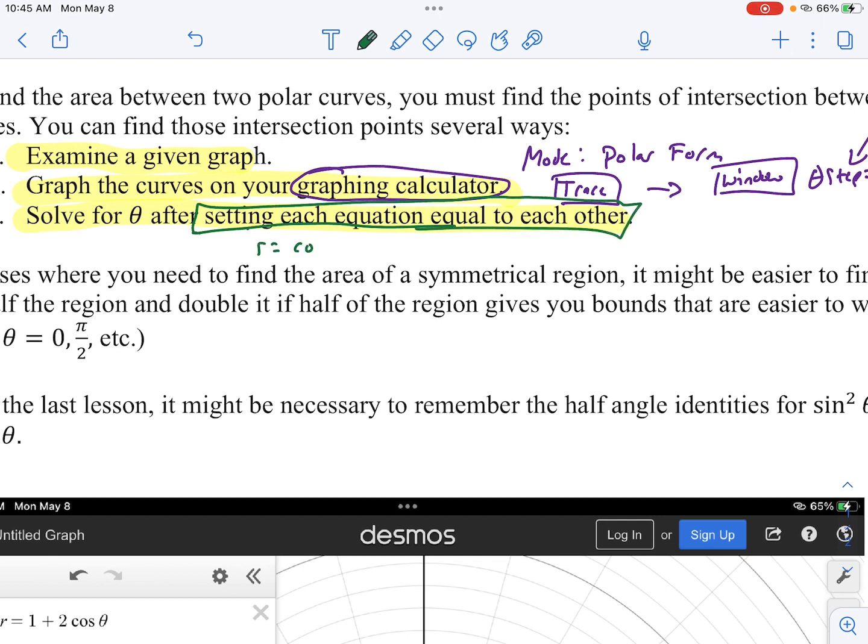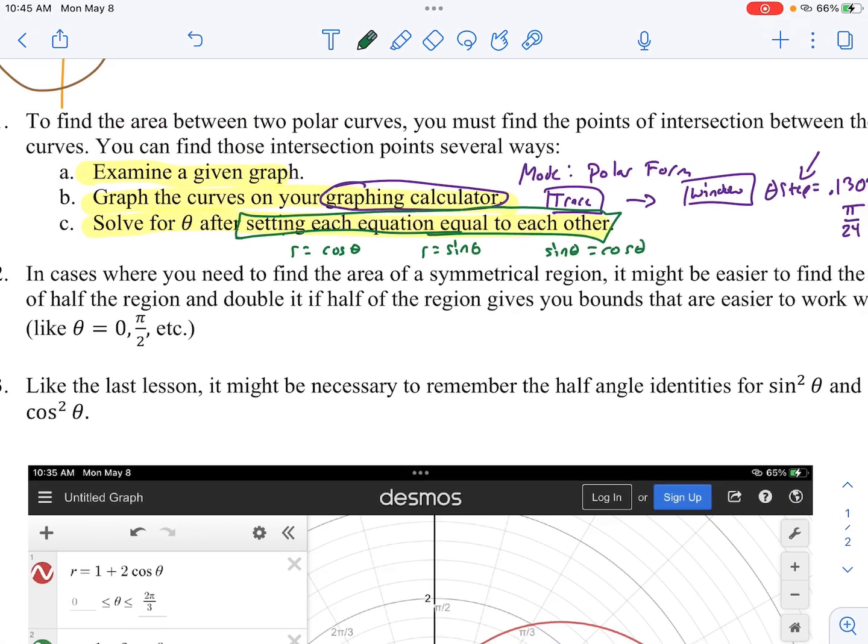Like if we have r equals cosine of theta and r equals sine theta, well, then we would just set sine of theta equal to cosine of theta and find their points of intersection. Now, they might intersect in more than one place, so you need to read the question so that you figure out exactly what it wants you to be graphing.